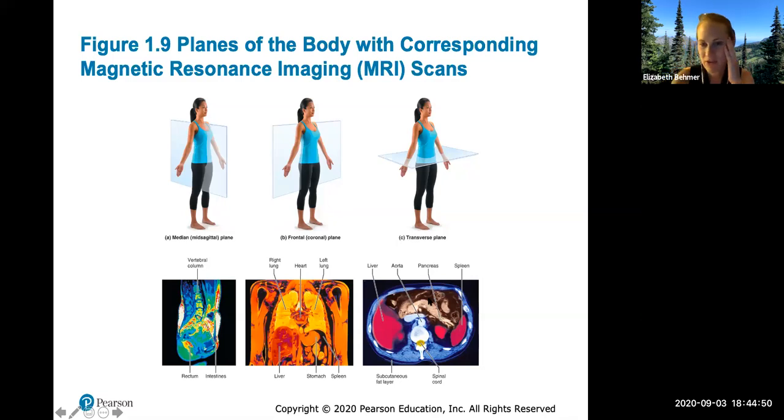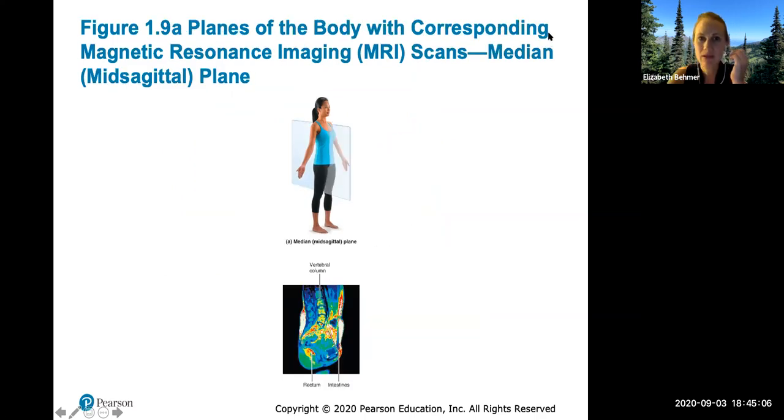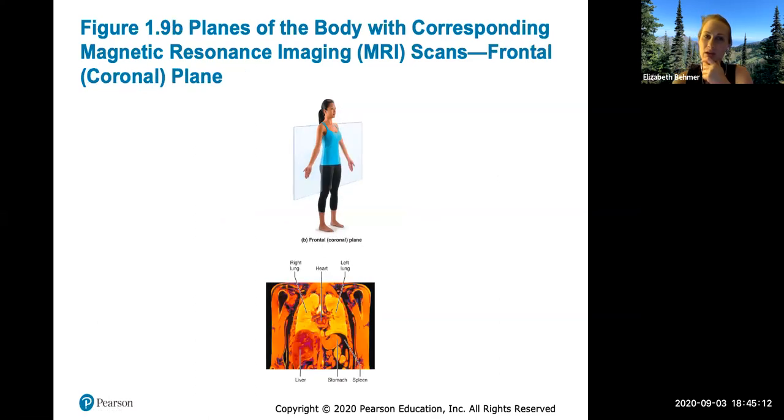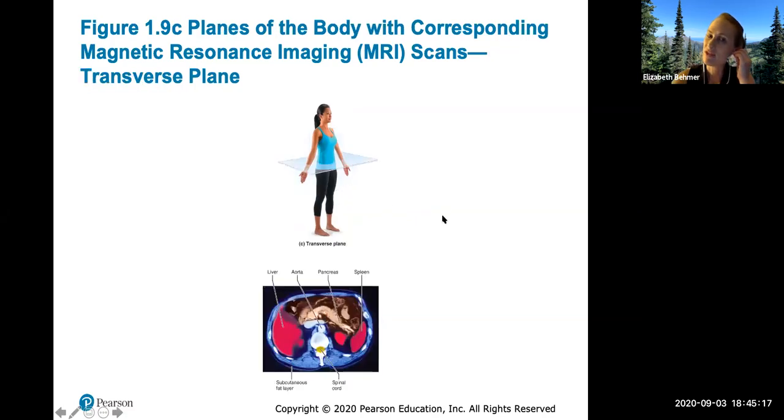And this is a transverse section, so cutting the body through the middle to divide an upper half from a lower half, so you can see how you get a different view based on what section you take in that MRI. So really extremely helpful. I think this is going to go through each individually. So here's the mid-sagittal or median plane, the frontal plane, and then the transverse plane.